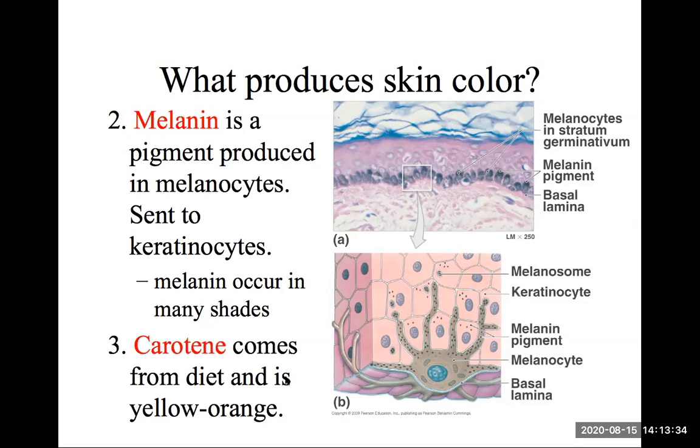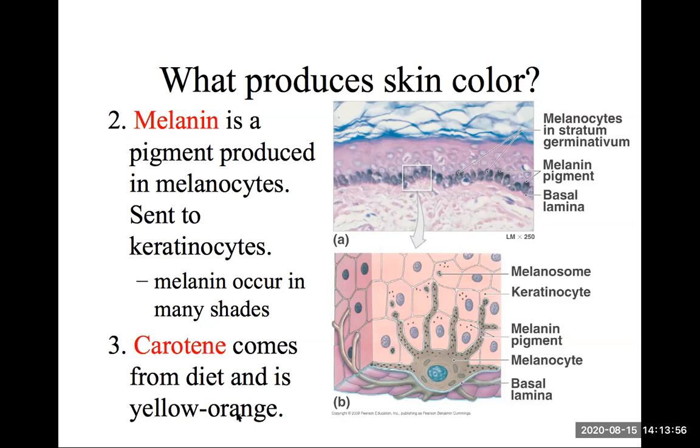The final contributor to skin color is called keratin. And keratin is derived from your diet. You get it from your food. Items high in keratin would include things like carrots or sweet potatoes. They're usually a yellowy orange in color, and they contribute color to your skin.